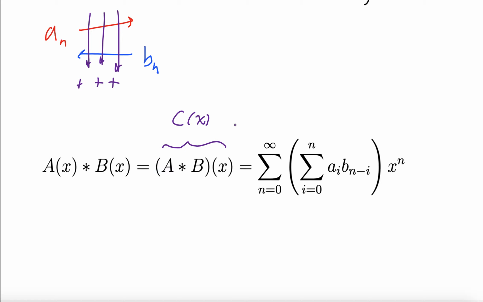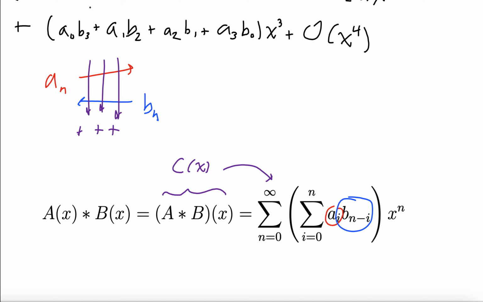And c of x has a generating function of the following form: the sum as n goes from 0 to infinity of the quantity sum as i goes from 0 to n of a sub i, b sub n minus i, which shows us that little anti-parallel structure. As i goes up, a sub i goes up, but then we have n minus i, so when i goes up, this term goes down. And then you have x to the n tacked on to the side. You can verify this yourself, maybe for the x cubed term. So set n equal to 3, write this out, and see if you get the exact same thing.